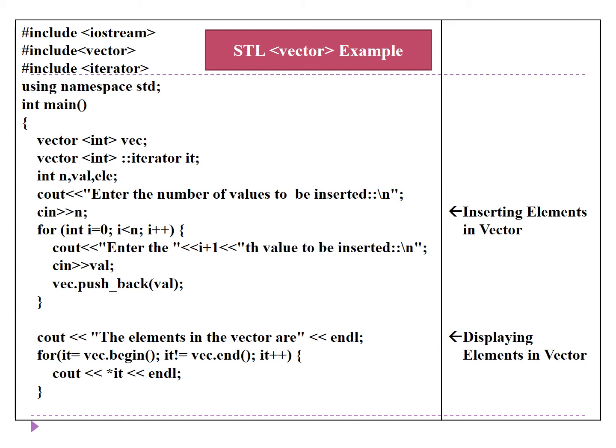We create an iterator object for the vector using the statement vector<int>::iterator it. It is an object for VEC which helps to browse through each element in the vector VEC.